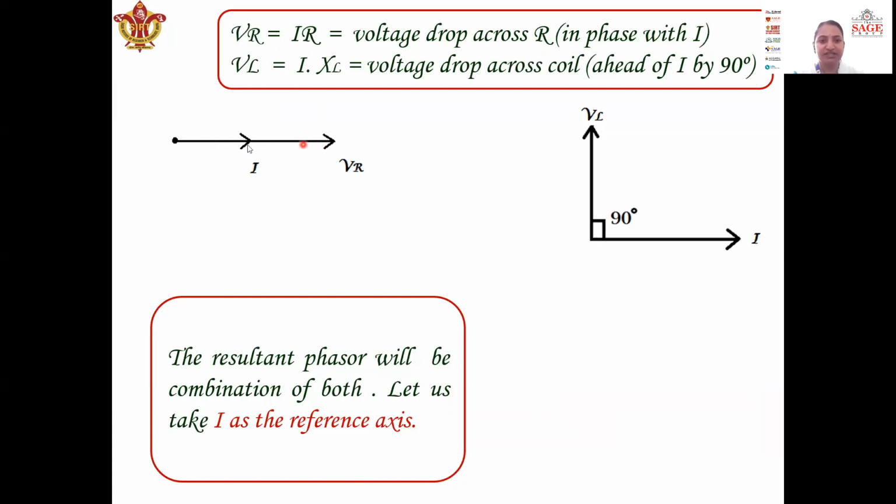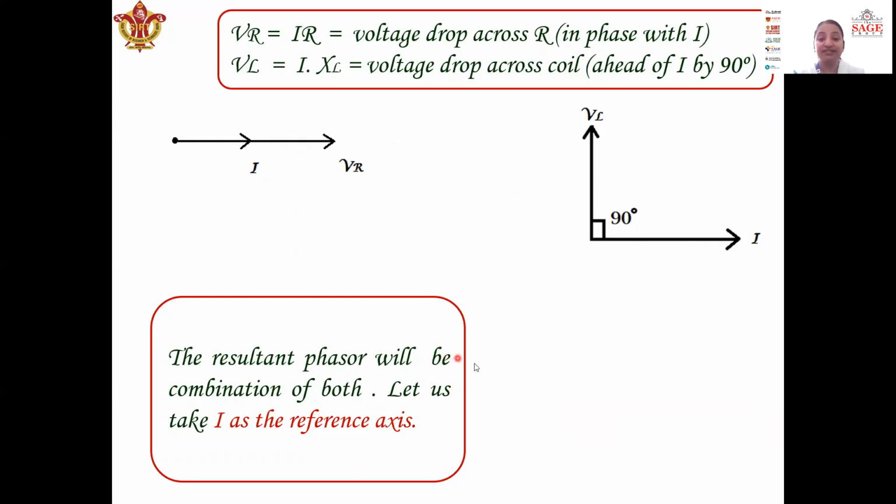As we can see here, there is no phase difference between current and voltage. But in an inductive circuit, we have already seen that current is lagging voltage by 90 degree, or we can say voltage is leading current by 90 degree as shown in this. So this is the phasor diagram for the resistive circuit, and this is the phasor diagram for the inductive circuit.